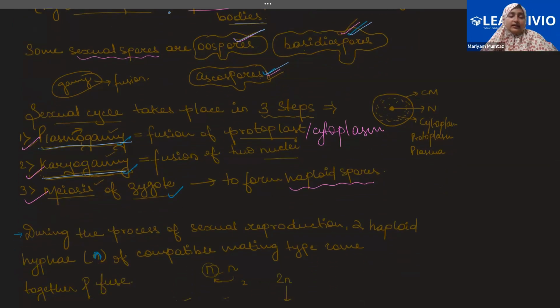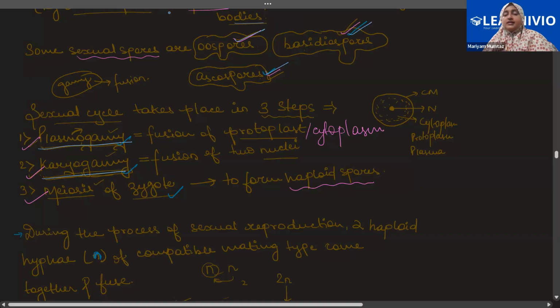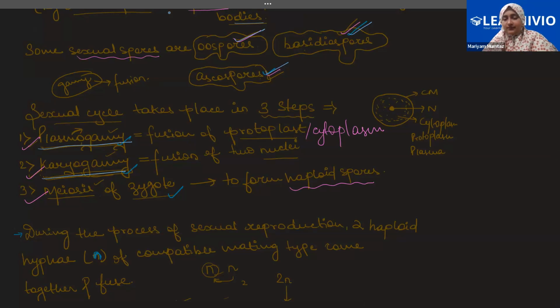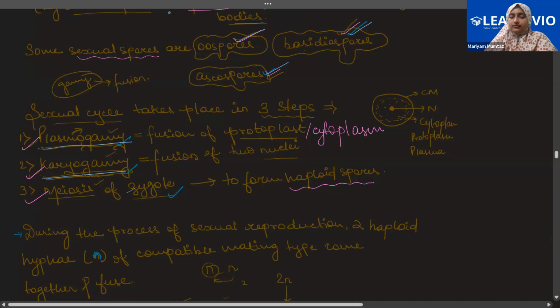Then, after the nuclei fuse, a zygote is formed, and there is meiosis in the zygote. Everyone knows what meiosis is. It is a kind of reductional division, and that happens in the zygote. So these are the three steps that happen in the sexual cycle of the fungus.